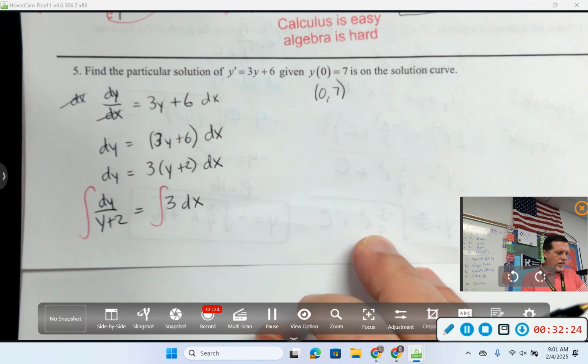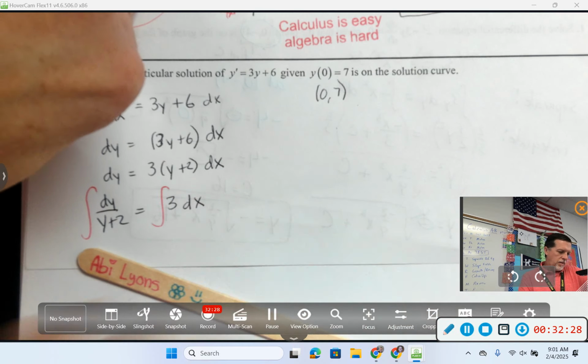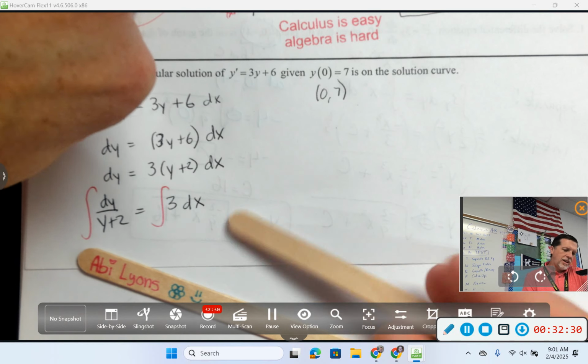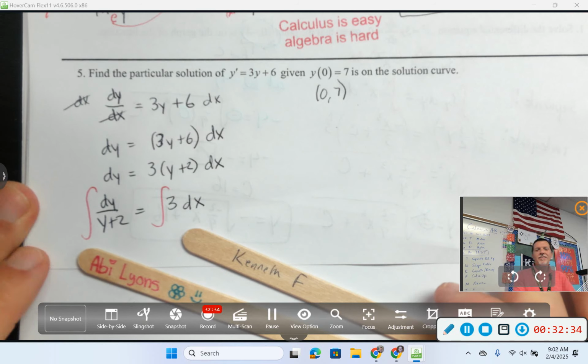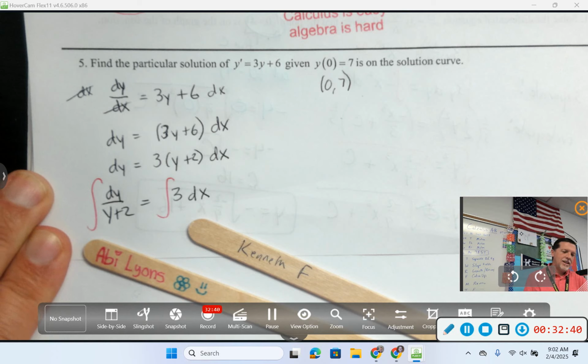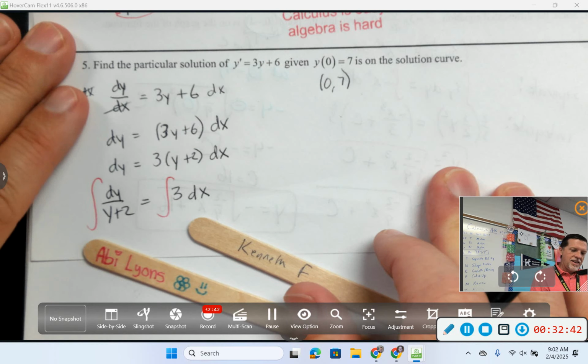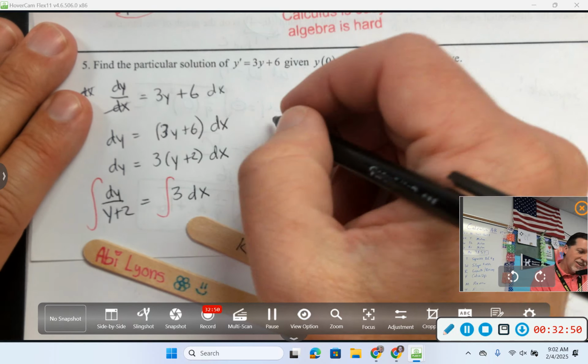Now it's time to integrate. Give Abby the hard side. Kenneth gets the easier side. Abby, any idea the antiderivative of dy over y plus 2? It's related to number 4 that we just did. Good.